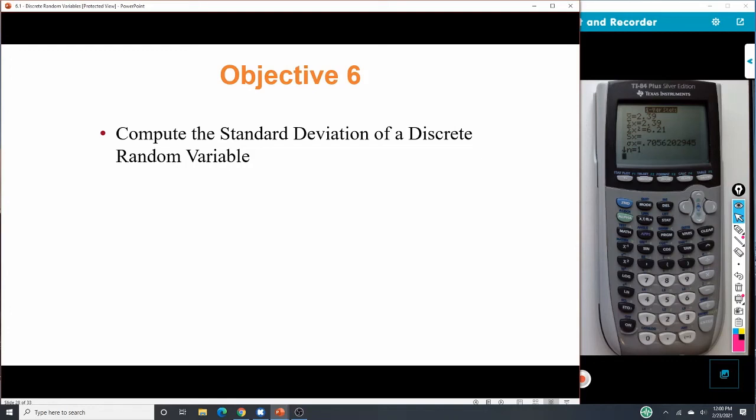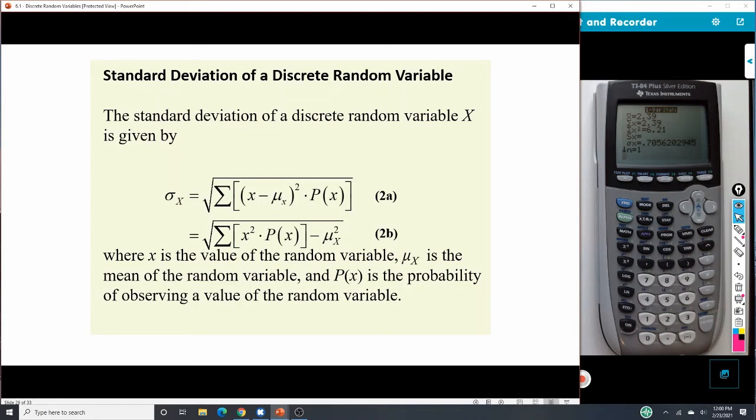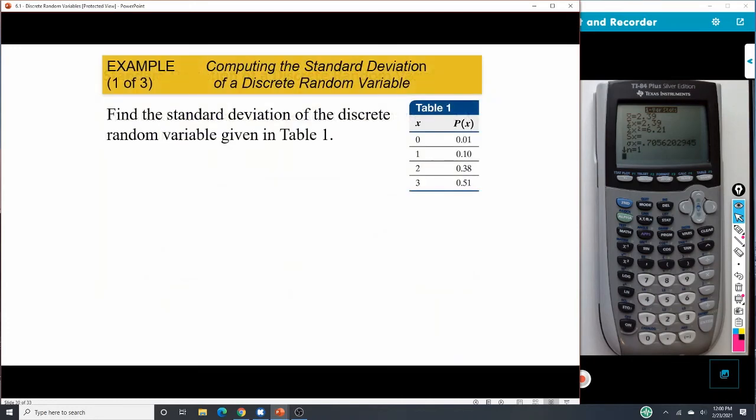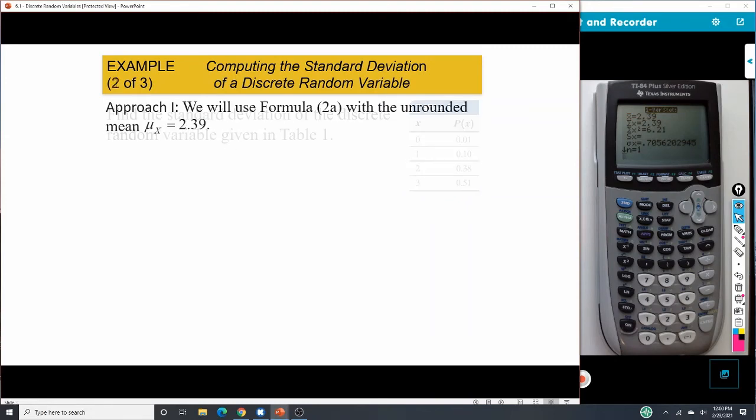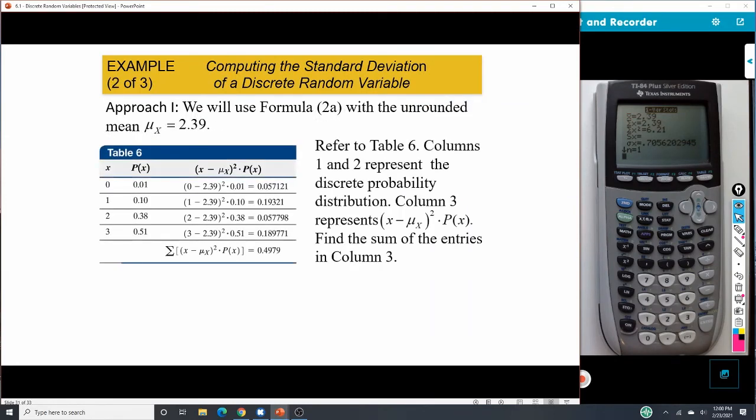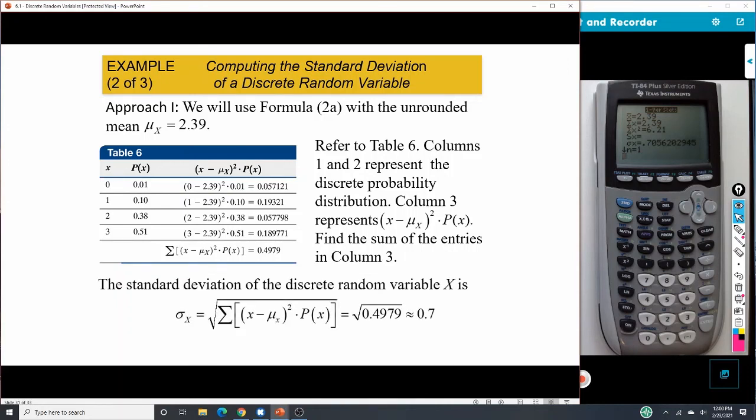All right, how about standard deviation? Now here's the formula for standard deviation. So pretty ugly looking. So again, if we go back to our shooting the ball, if we were to plug all those things in and work that out, we would come up with 0.7. Well, again, here is where the good thing is.